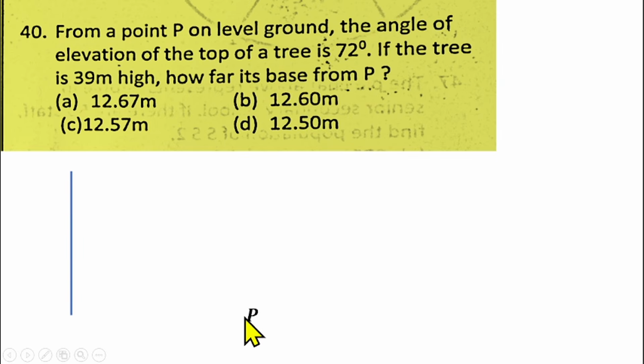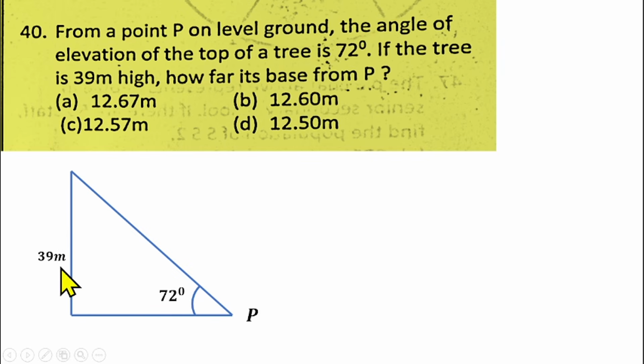There's an observation of the top of the tree from P. So there's going to be an initial sight from P straight forward before you look at the top of the tree to form an angle of elevation, which is 72 degrees. The height of the tree is 39 meters. You have to find the distance of the base of the tree from P. So we are looking for this side here, which is labeled Y.